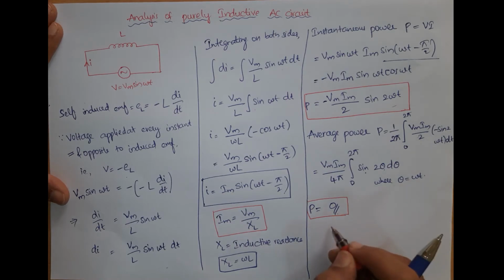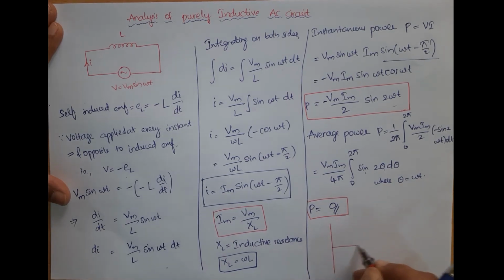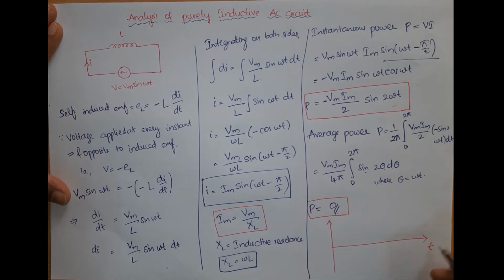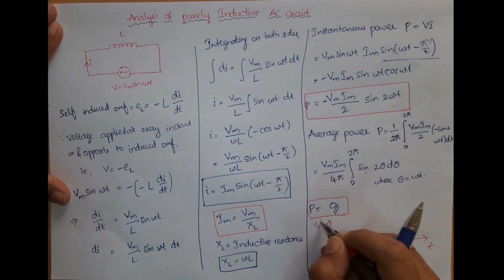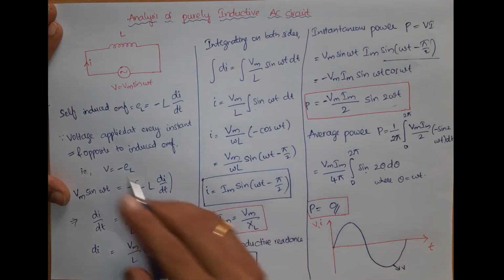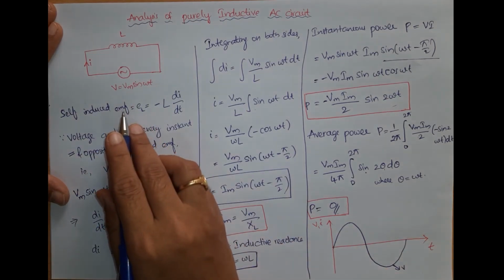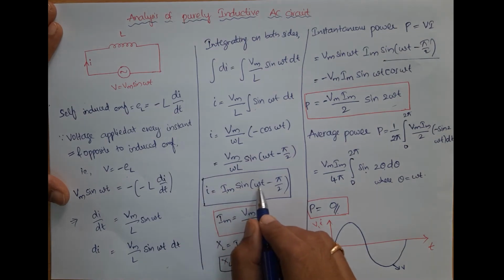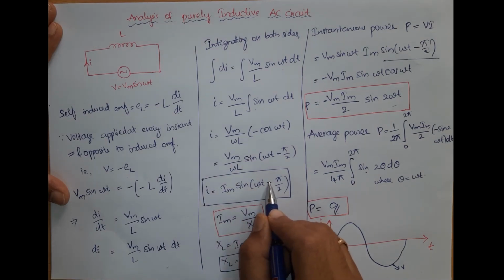Now how to represent it graphically? Let us see. Let me consider this as my voltage, that is Vm sin omega t. Now coming to the current, what is the value of current? I have got Im sin of omega t minus pi by 2.